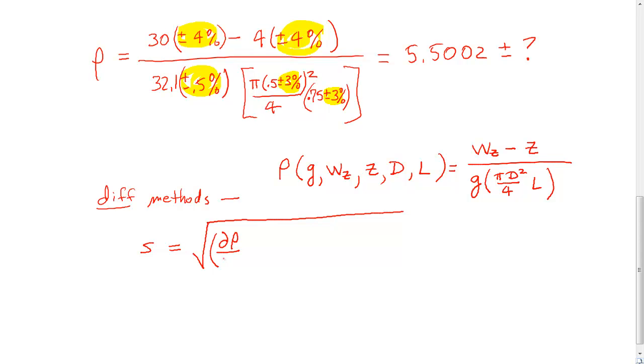Now it turns out, if you systematically go through this, let's start with the G, for example, squared.